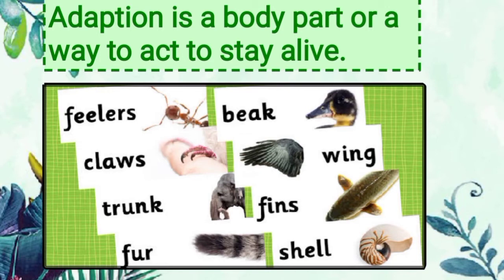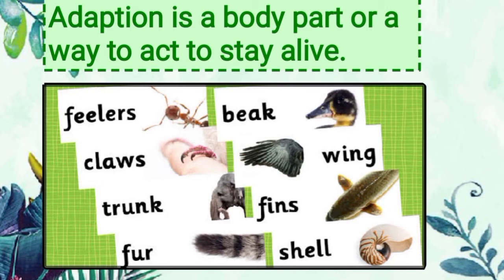These physical features are called physical adaptation. Living things are adapted to the habitat they live in. This is because they have special features that help them to survive. They make it possible for the animal to live in a particular way.